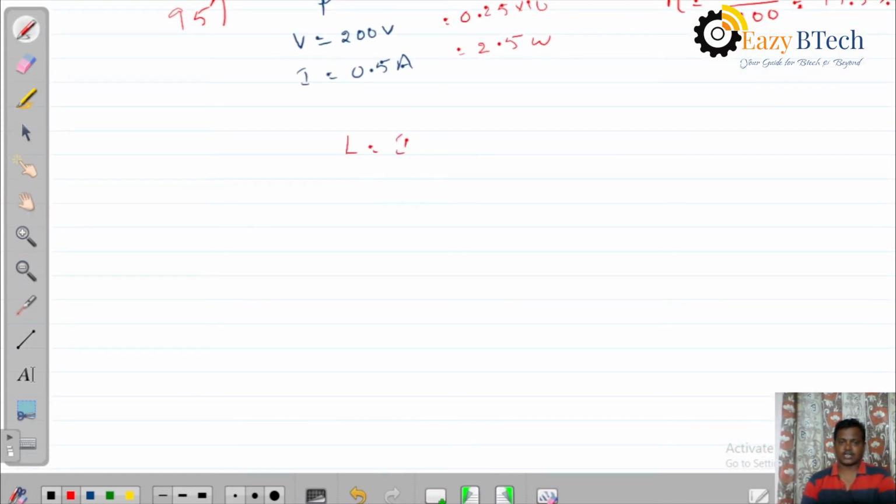Losses equal I square into R. Now we have seen how to reduce the current. Now we have another option, to reduce the resistance also. Resistance, we know, is rho L by A. Rho equals the resistivity of the material.